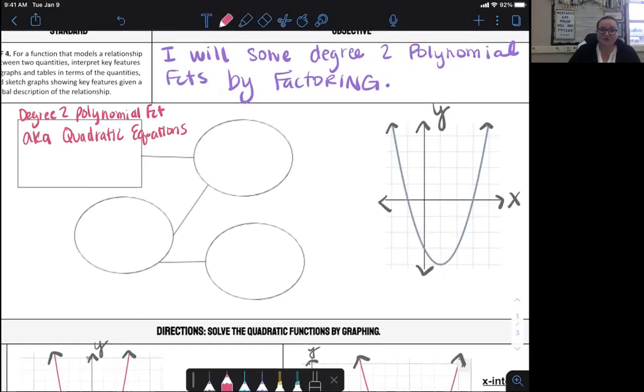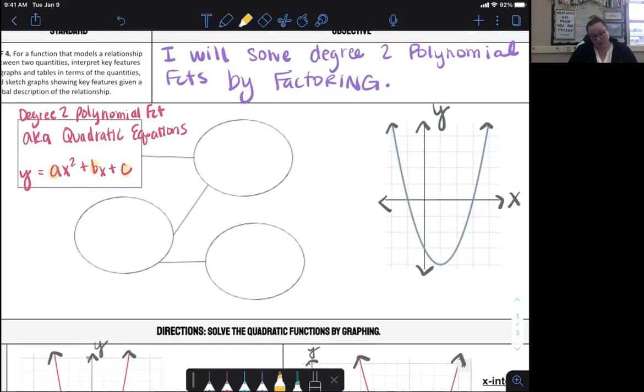So when I talk about a quadratic equation, instead of having just an expression of ax squared plus bx plus c, we're going to turn this into an equation by setting it equal to y. So remember, a, b, and c are coefficients of x squared, x, and your constant.